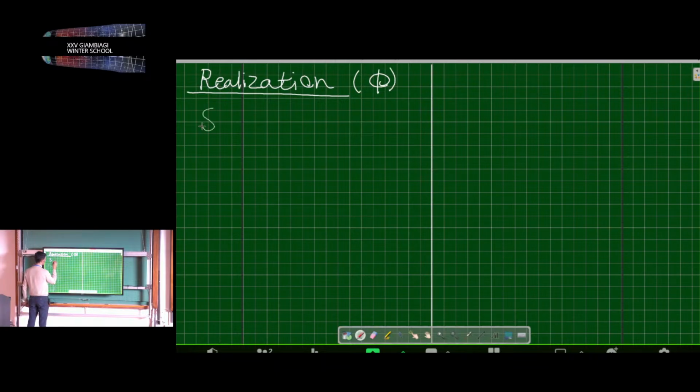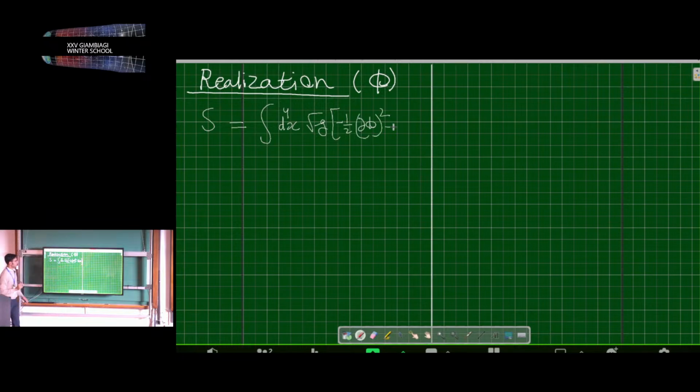Something to notice is that if I just have a scalar field with a potential, let me write the whole thing: minus 1 over 2 (dphi) squared minus V of phi.